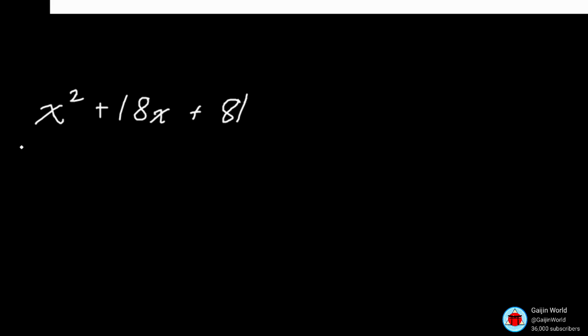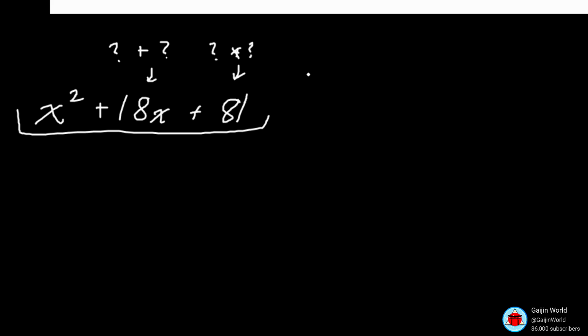If you look at this as a whole, first you have to think what plus what would equal this, and then those same two numbers, if you multiply them, will equal 81, or this. So let's try our options: what plus what would equal 18, and those same two numbers, if you multiply them, will equal 81.